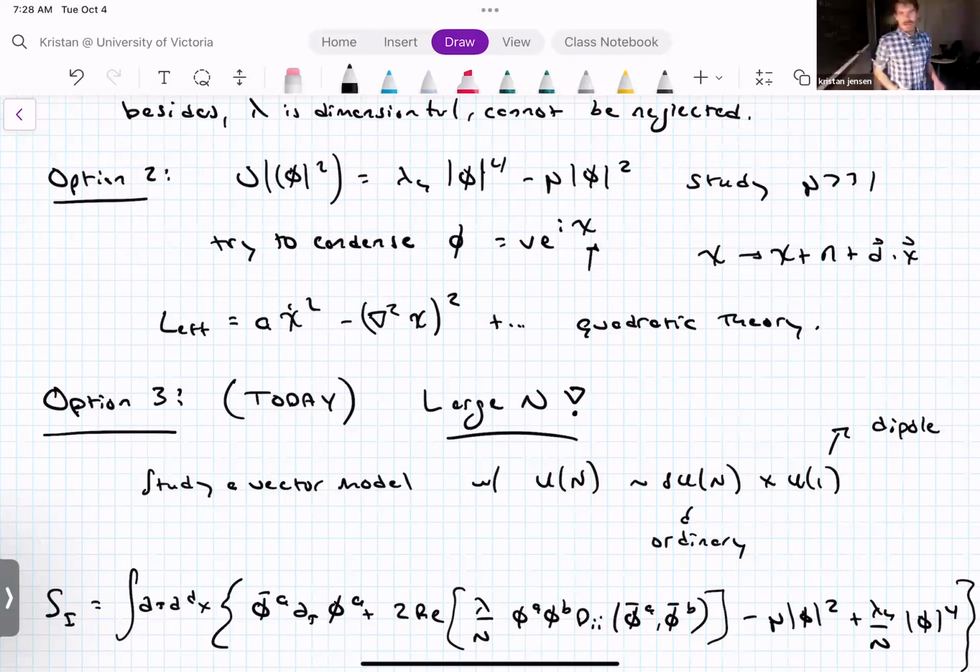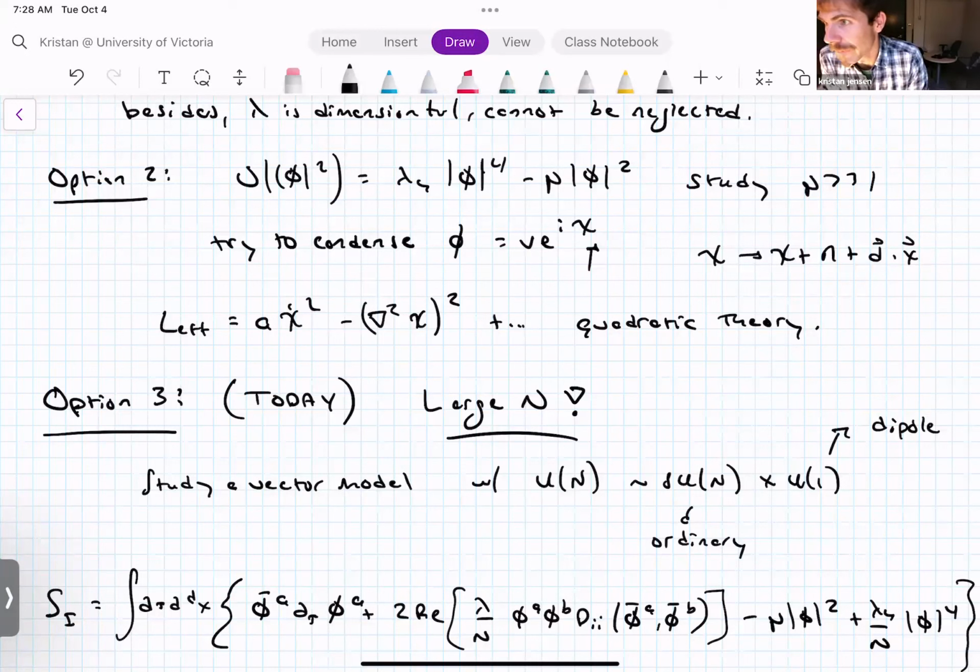So what's the idea? Before, I was writing down models with the U1 symmetry. Well, I'm going to make phi an n component vector. There's n of them now. I'll label it by an index, so there's a phi A, with A going from 1 up to n.